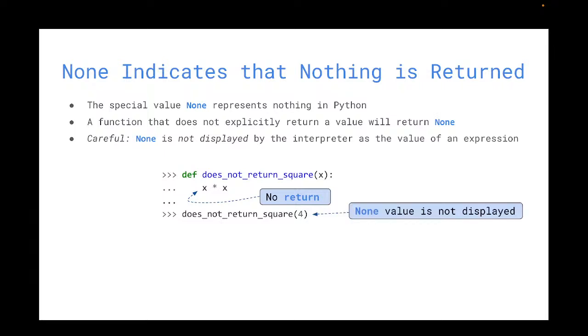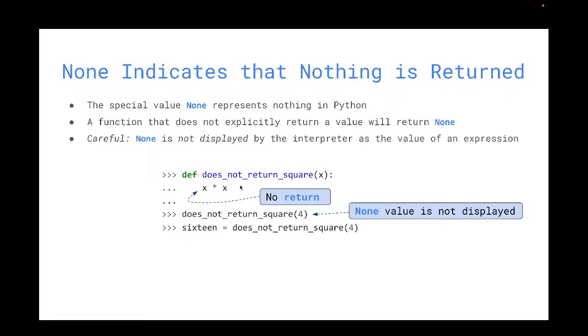So None represents nothing again, but if a function does not explicitly have a return statement, then it will return None. So this function here does not return square. It's a very fitting name because it doesn't actually return anything. It just computes x times x.